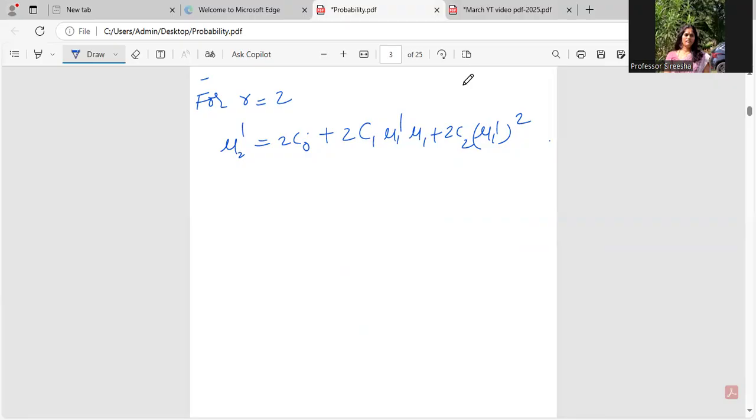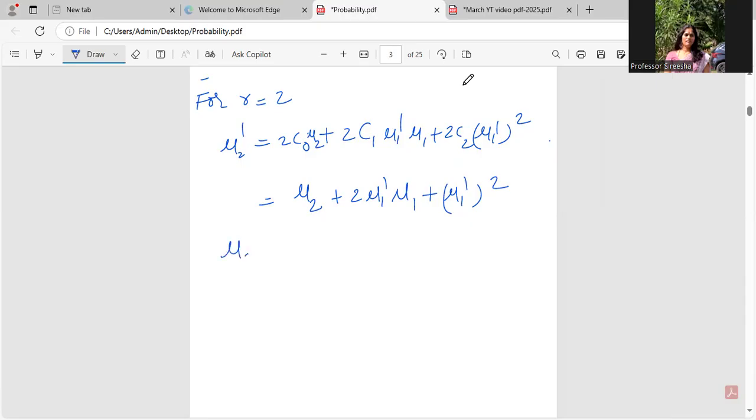Mu2 prime. Now, this is nothing but 2C0, and 2C0 would be what? 1 only. So mu2 plus 2 mu1 prime mu1 plus mu1 prime whole square. Okay. 2C0 mu2 this is, and 2C0 is 1, so mu2 is what I'll have.